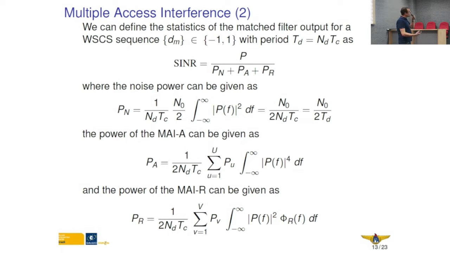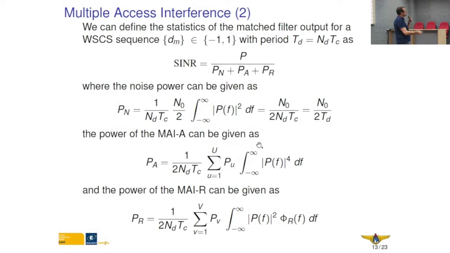The noise power can be calculated as the cross power spectral density between the noise and the chip pulse shape. So the model used in the receiver is correlated with the noise, and then we can do a translation into the frequency domain. This is very briefly explained, and we end up with N0 divided by 2 T_D as the noise power.